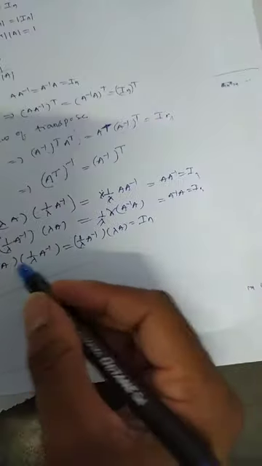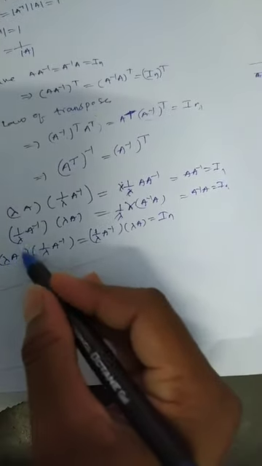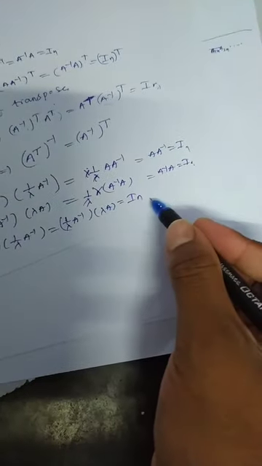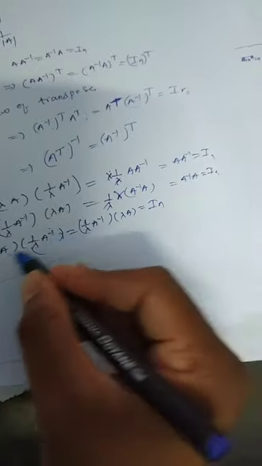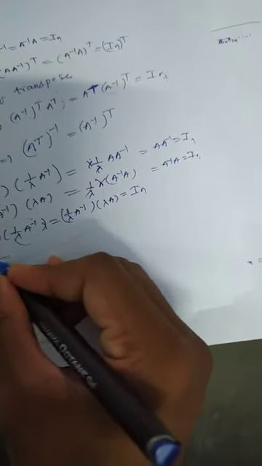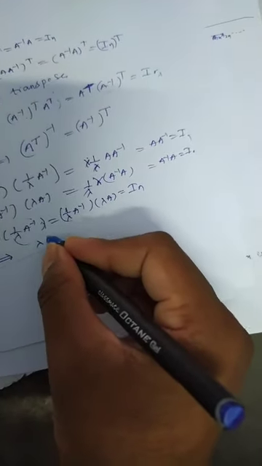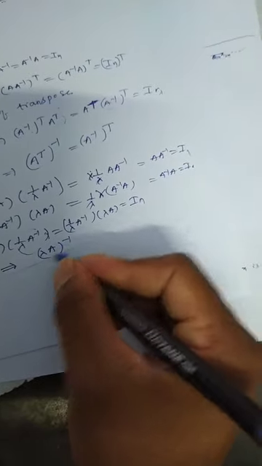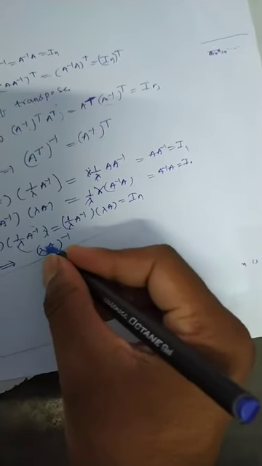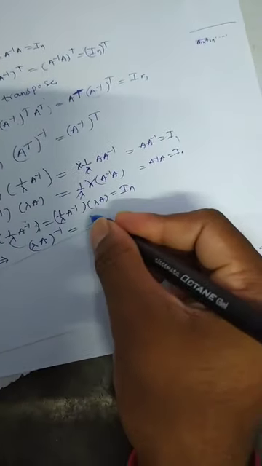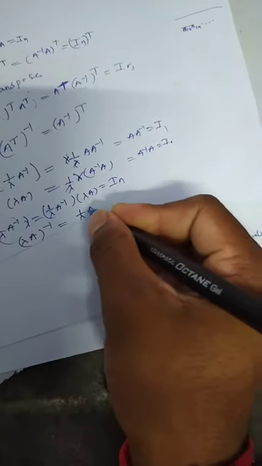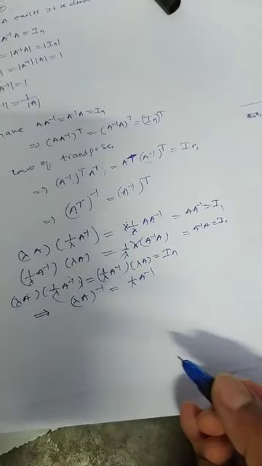Again, by inverse property, consider this is a matrix. This matrix into another matrix equal to identity matrix, means this another matrix will be the inverse of this matrix. So we can write lambda A whole inverse, this is the matrix. Its inverse is equal to 1 by lambda A inverse. Okay. These four theorems are important.